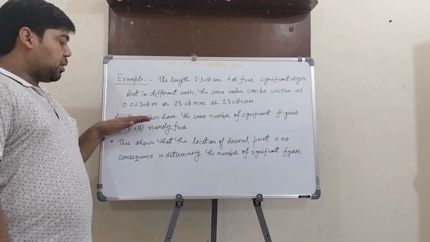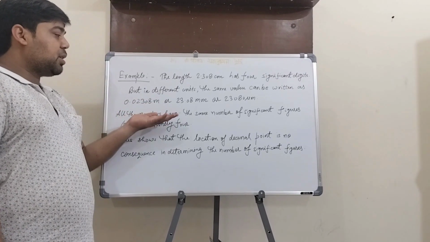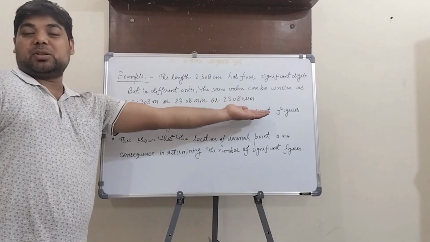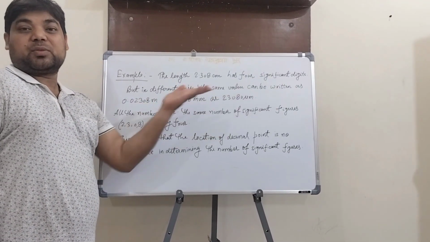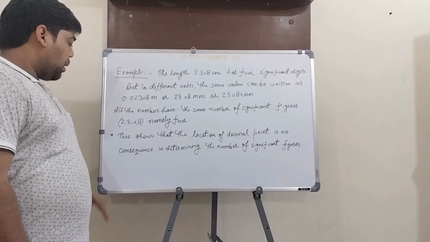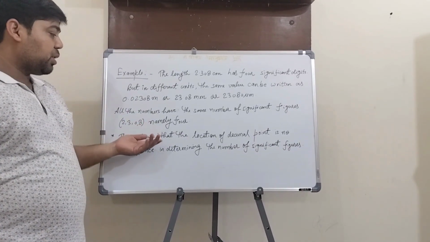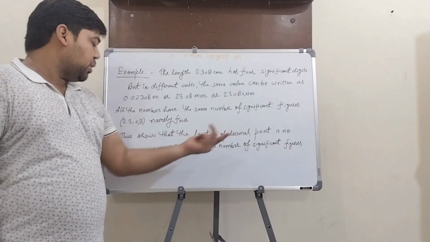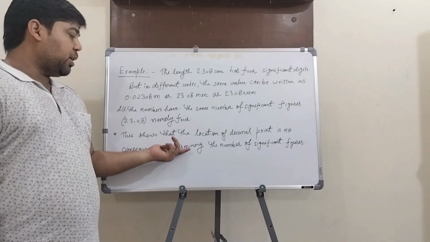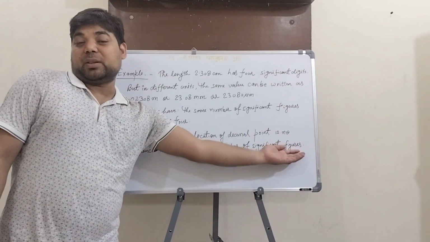In all the cases, you will see that the number of significant digits remains constant, that is 4. This shows that the location of the decimal point is of no consequence in determining the number of significant figures.